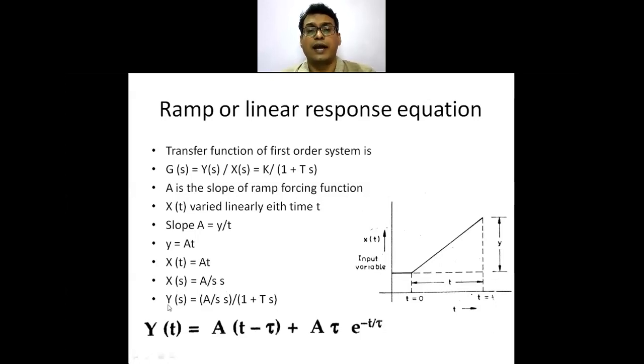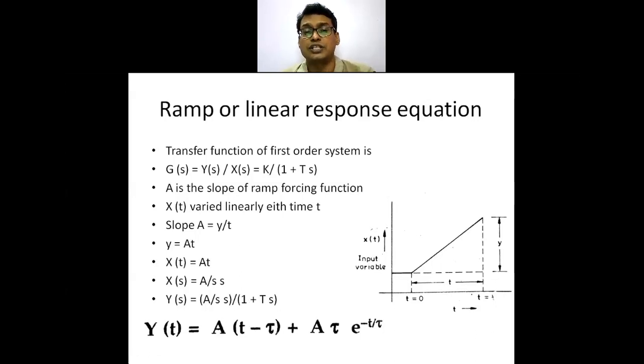So for Y(s), I can substitute this X(s) value, that is A upon s square. So Y(s) is A upon s square upon 1 plus tau s. K is the steady state gain, here I can multiply with the K also. After doing the partial fraction and simplification, I am not going to discuss this because of this pandemic, the time factor is also there.